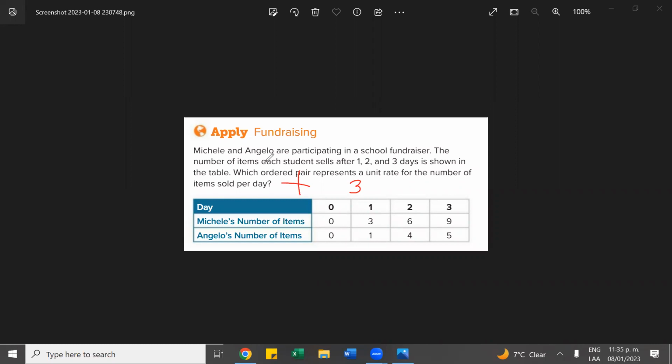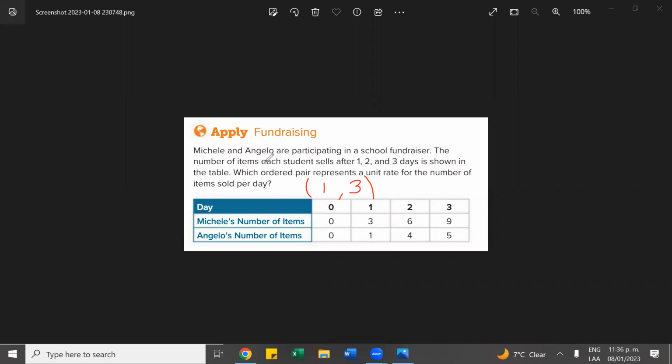Because if we graph it, in 1 day she sold 3 items. And when we divide 3 by 1, our answer will be 3. So this will be the pair that represents the unit rate for the number of items sold.